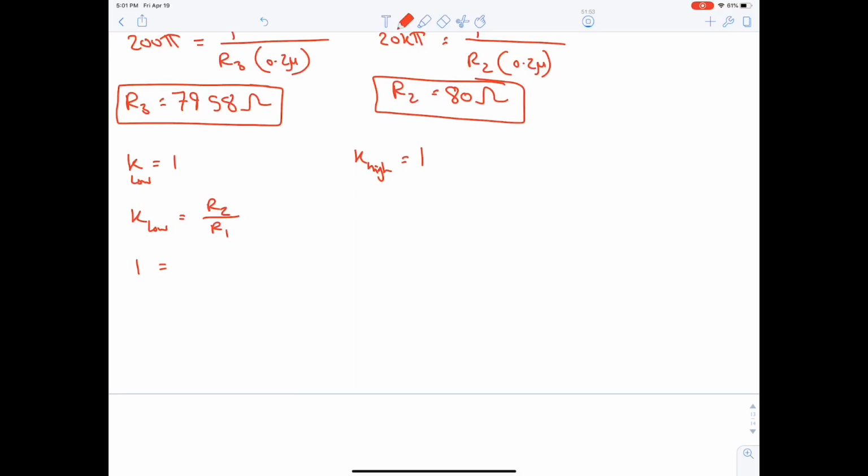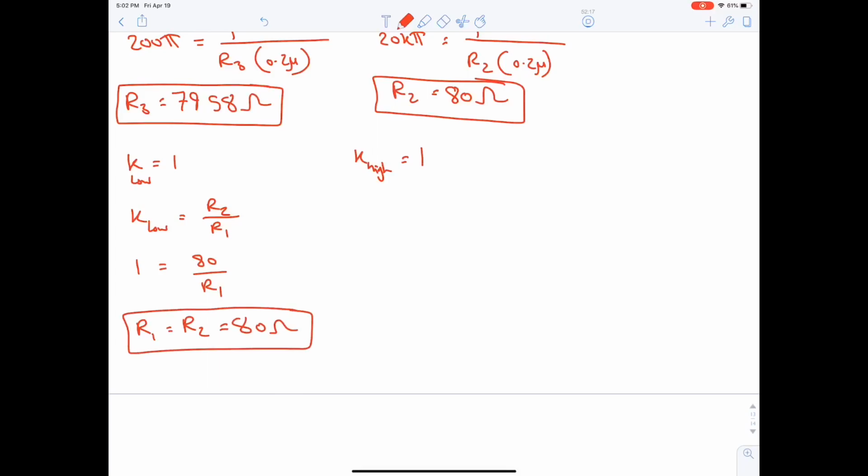R2 is 80. Actually, I should have written this here and this should have been written here. Anyways. So 80 divided by R1. R1 is equal to R2, it's equal to 80 ohm.